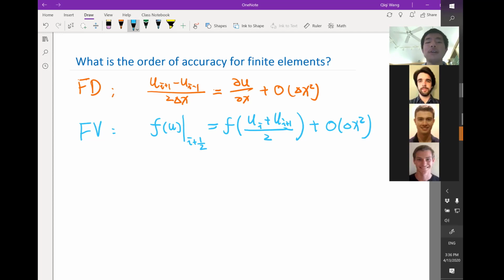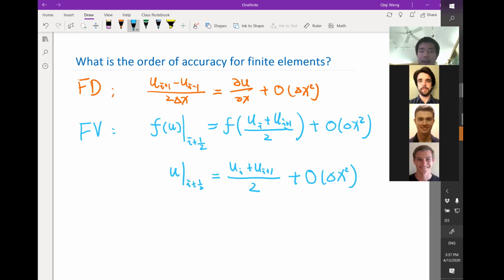right? Well, I think what we actually did was that we know u at i plus half would be equal to half of (u i plus u i plus 1) plus O(delta x squared), right? So that's what we have analyzed. So yeah, let's forget about this for now.